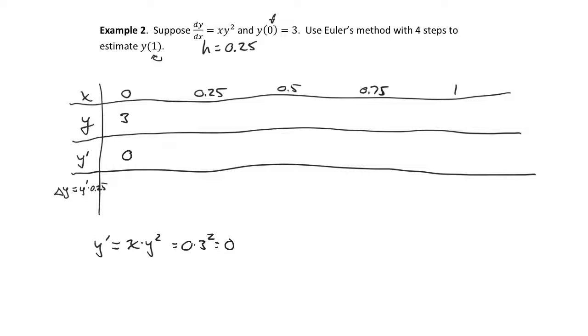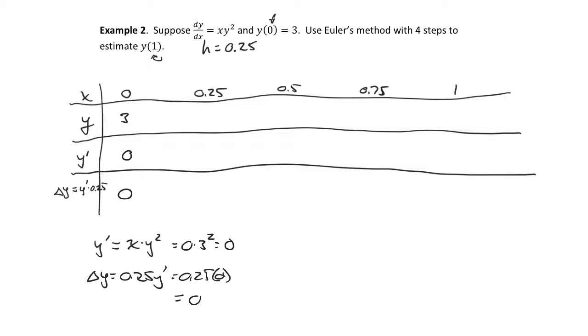Then, to get delta y, I multiply y prime by 0.25, which is 0.25 times 0, which will be 0.